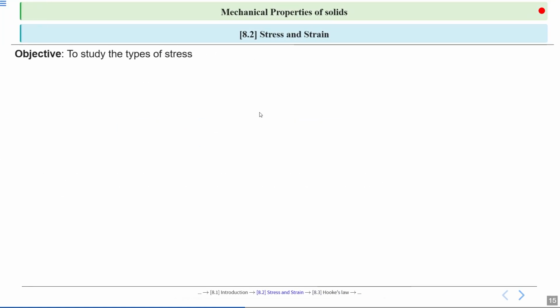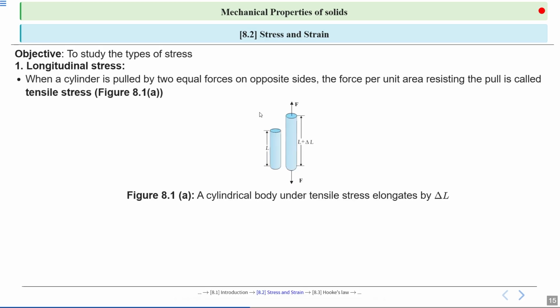So, longitudinal stress. Let's start with longitudinal stress. When a cylinder is pulled by two equal forces on opposite sides, the force per unit area resisting the pull is known as tensile stress. Imagine pulling on a rubber band.